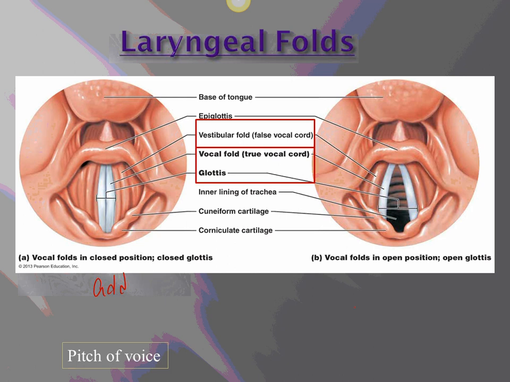So when you actually talk and make sound, the air is coming from below. It causes these vocal cords to move away. They vibrate, and that vibration of the vocal cords produces the pitch. You get that? So the faster they vibrate, the higher the pitch. The slower they vibrate, the lower the pitch. Okay? Women tend to have a higher pitched voice, and men tend to have a lower pitched voice.